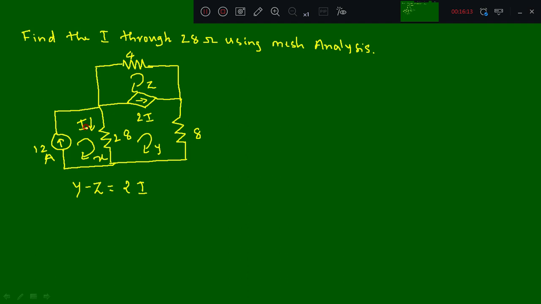It is flowing in the X loop. So I is nothing but what? X minus Y.